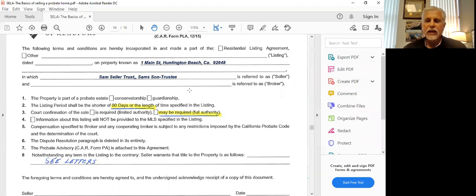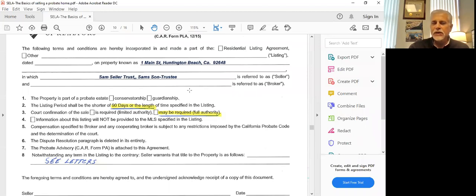I know you guys use Pacific Coast over there, but you should basically take the listing and contact your title rep. Have them review the letters, have them review your listing, because the courts are very exact.